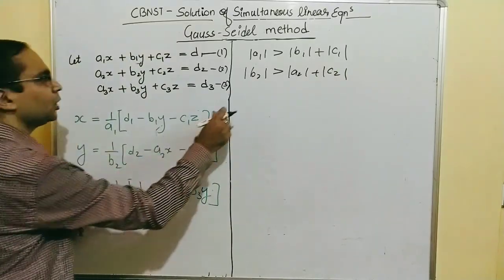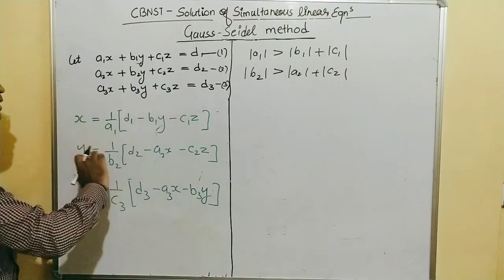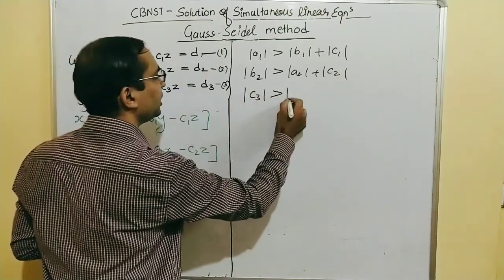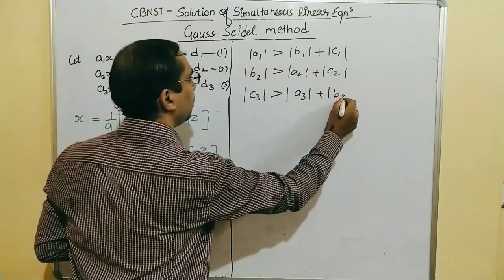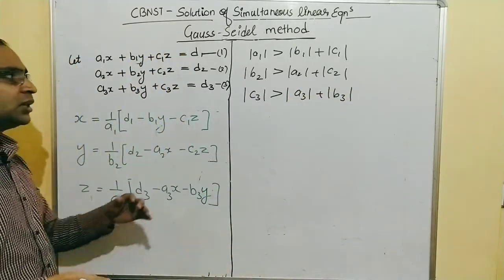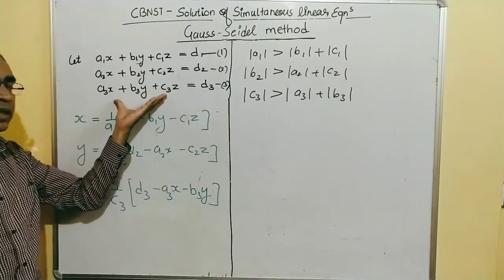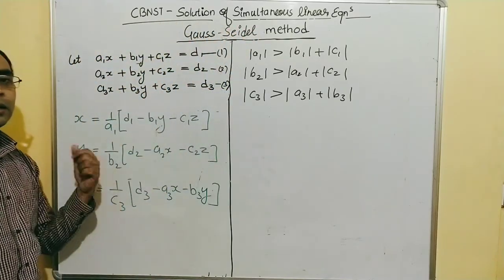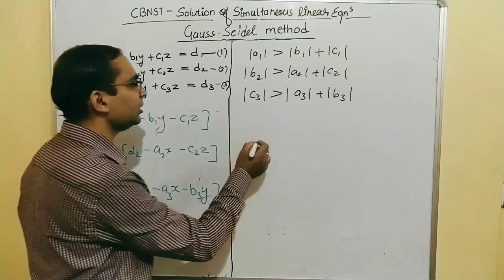In the third equation, obviously the coefficient of z should dominate. That means the mod of c3 should be greater than the mod of a3 plus the mod of b3. If this condition is true for any simultaneous linear equation system, then we can apply the Gauss-Seidel method to this particular system. Let me show you an example of this diagonal dominancy.